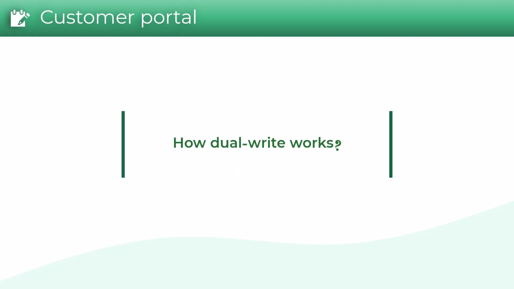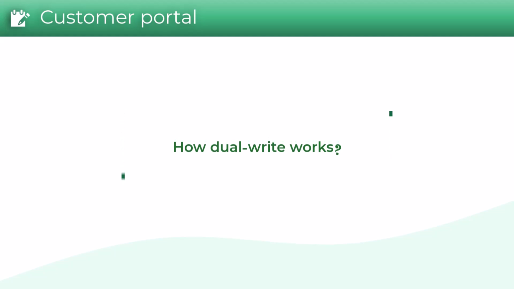How does dual write actually work? It uses predefined entity maps on customers to link the tables in finance and SCM with the tables in Dataverse. For example, customers in finance and supply chain management will be connected to Dataverse, which is bidirectional. In the same way, products in finance and supply chain management will be connected to the products in Dataverse, as well as orders in finance and supply chain management, which will be connected to the orders in Dataverse in a bidirectional way.